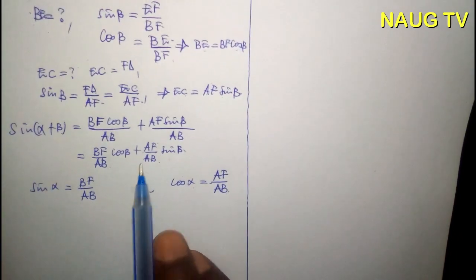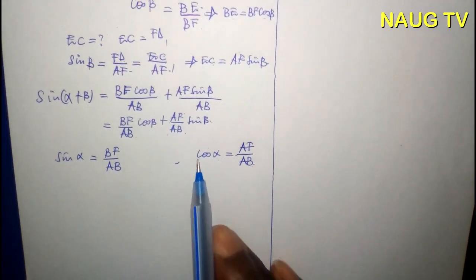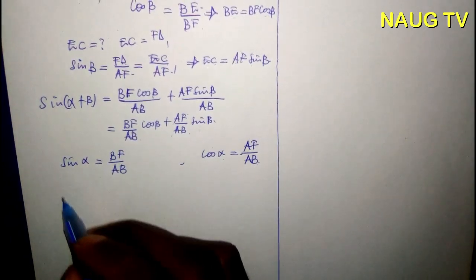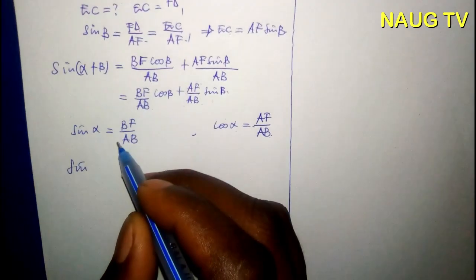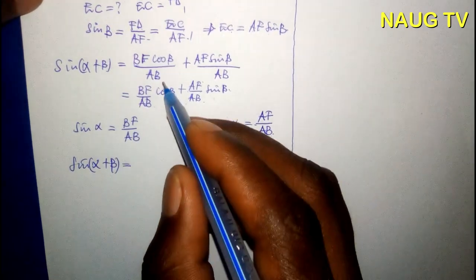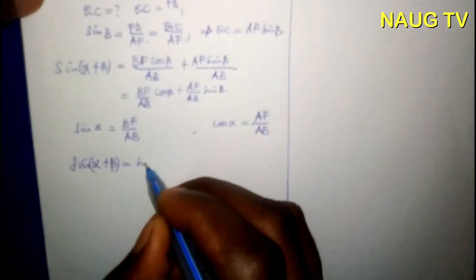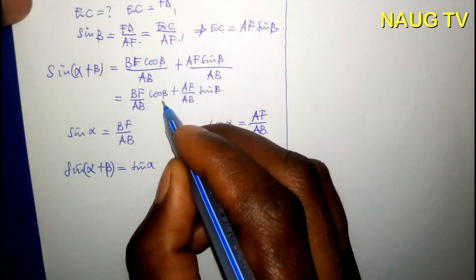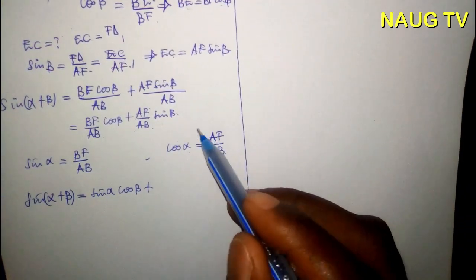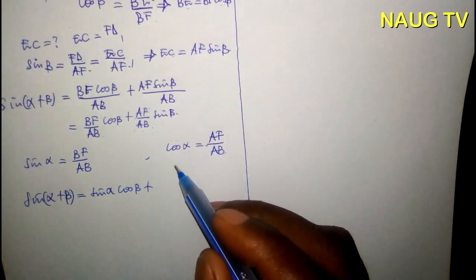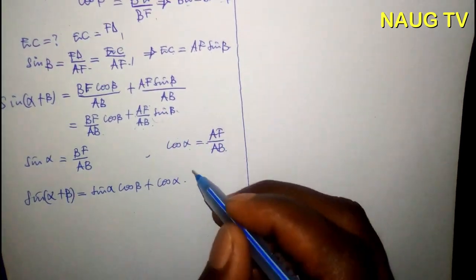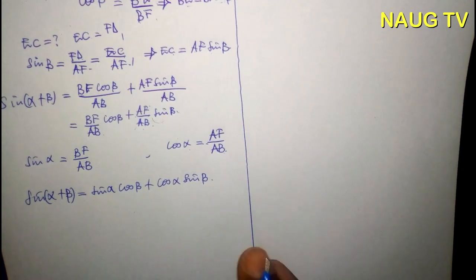So at this point you can replace the value of BF over AB and AF over AB with each value, so that we would get sine of alpha plus beta, which is equal to BF over AB, which is equal to sine alpha times cosine beta, plus AF over AB, which is equal to cosine of alpha times sine beta, right?